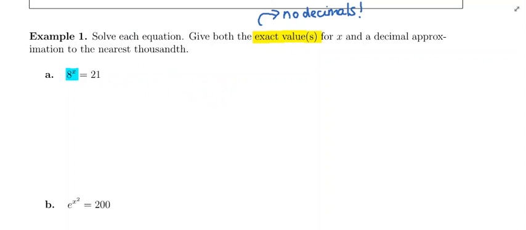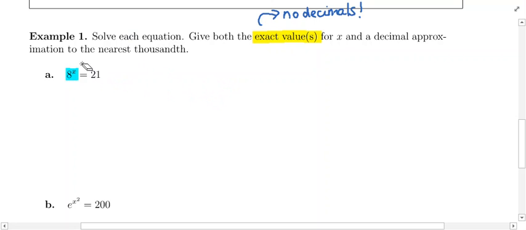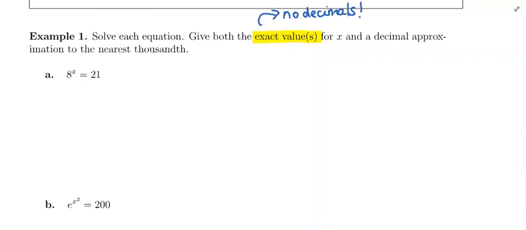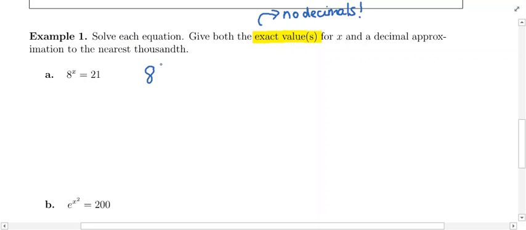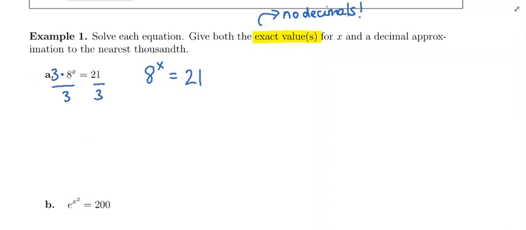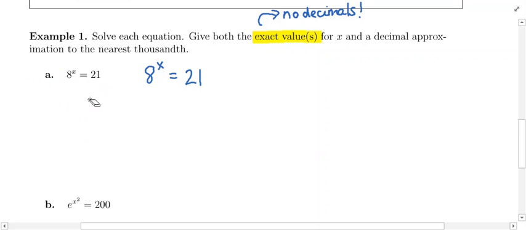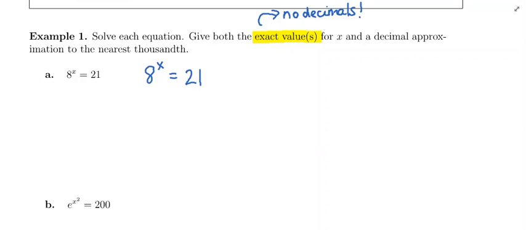So it's in a format that we can work with. For example, if you had had a 3 multiplied out front, you would have needed to divide off the 3 before proceeding. You've got to get that exponential piece alone. All right, so we have that.